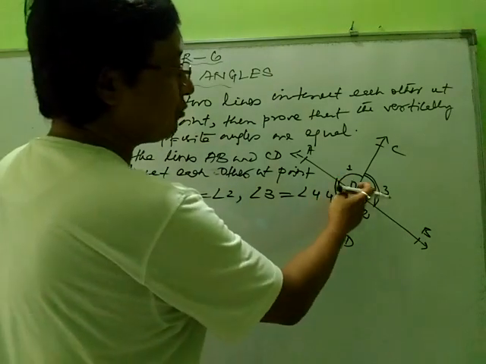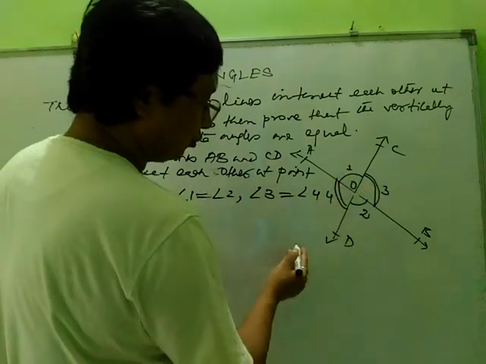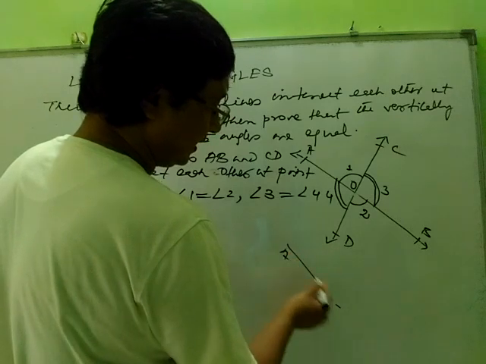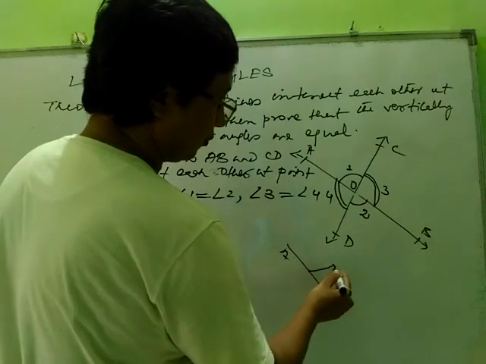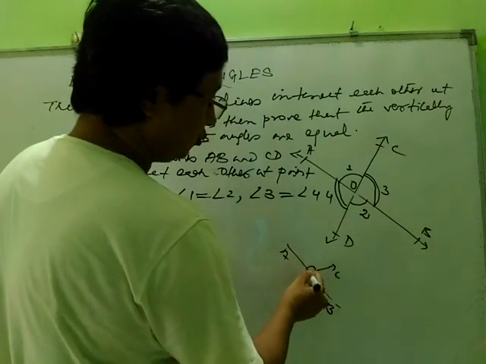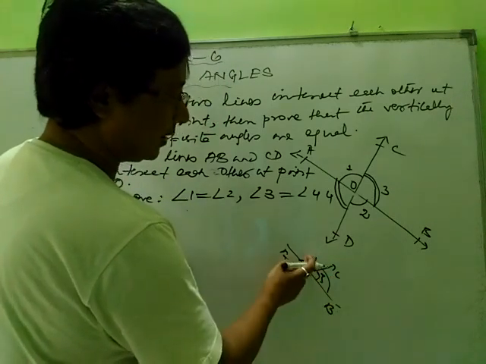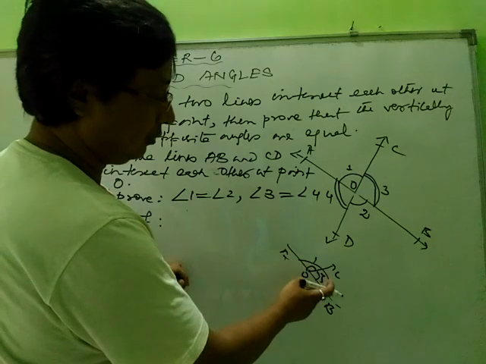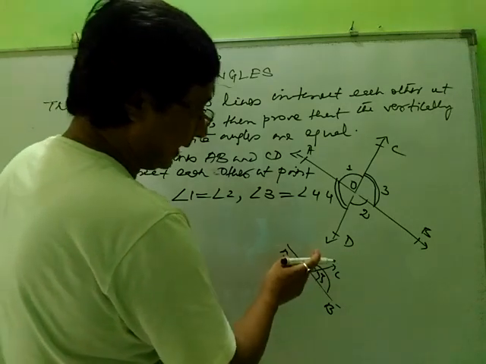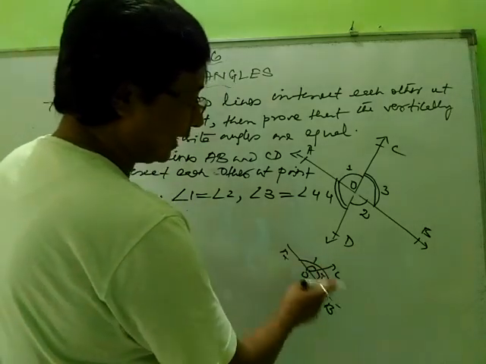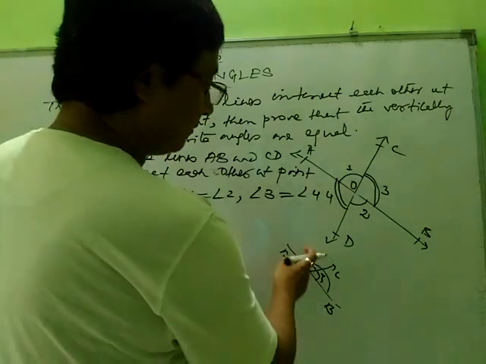In that case, these two are the adjacent angles. So this is AB, and you have taken this ray OC. So you got two angles, 1 and 3. They form a straight line, so they are called the linear pair. Any two adjacent angles forming a straight line will be called the linear pair.